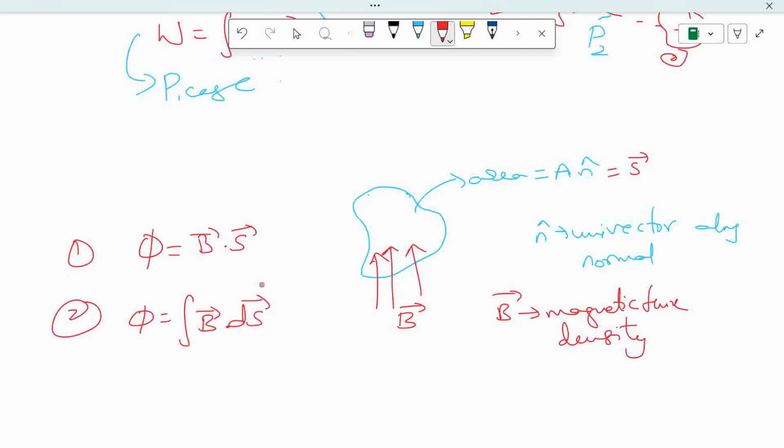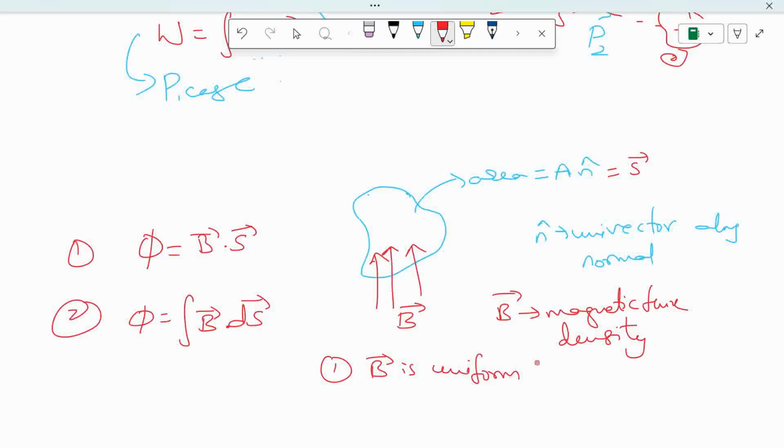Now the first case is when B bar is a uniform flux density, meaning all the flux lines that are coming out of this surface are equal in magnitude.